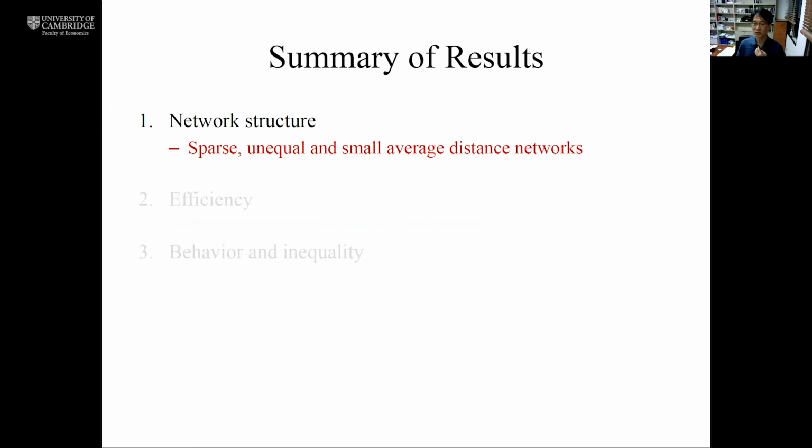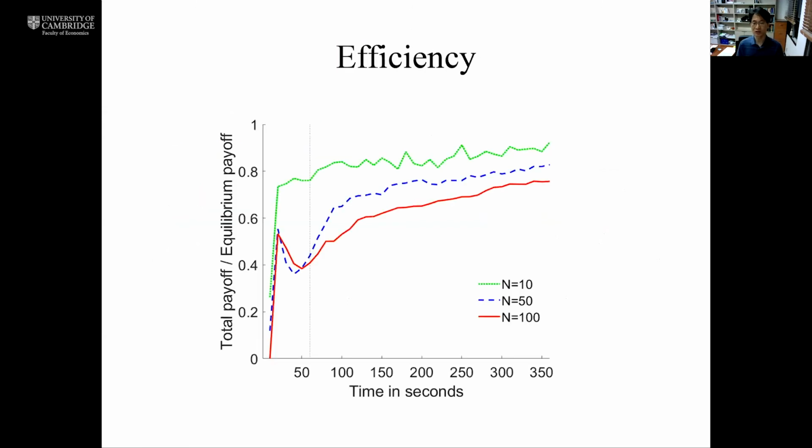Second is about the efficiency, and this is across 3 different group sizes. We are comparing the total payoffs relative to the payoffs achieved by the best equilibria.